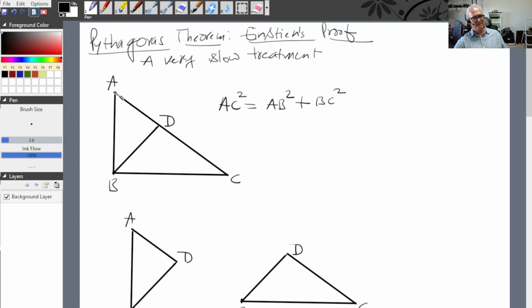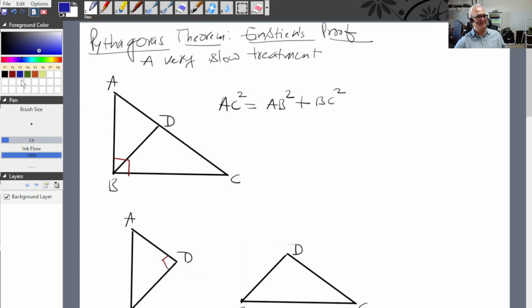So we have triangle ABD and triangle DBC. So this is the right angle. This is the right angle.